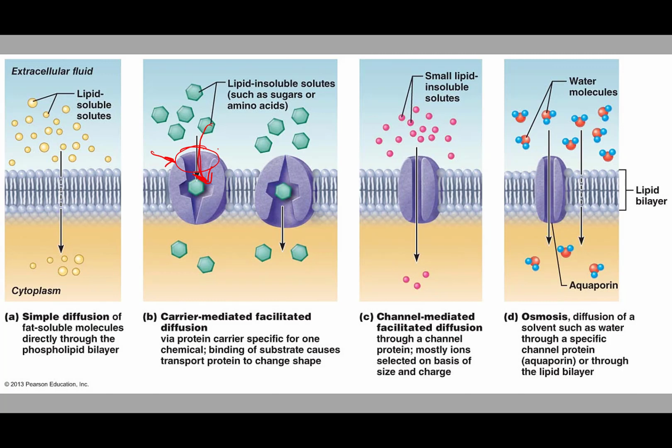Well, that causes it to change shape. And the way this one changes shape is it now opens up. When it's open, that glucose diffuses into the cell down its concentration gradient. But once we remove something from this protein, what's it going to do? It's going to change shape. Now it's open on top again for another glucose to bind. So that's one way that we can have proteins allow diffusion.